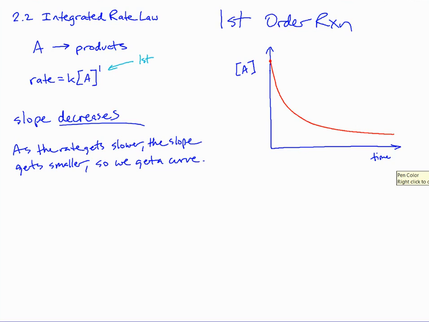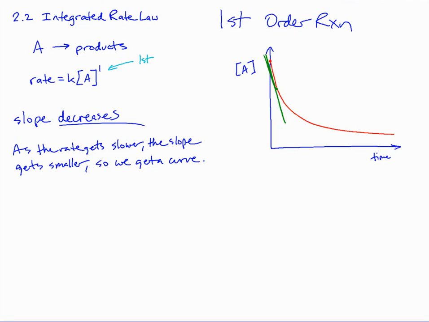If you're looking at it in terms of slope at any one given point, right here, the change in concentration versus time is very fast. So the rate here, the slope, look at how steep the slope is.